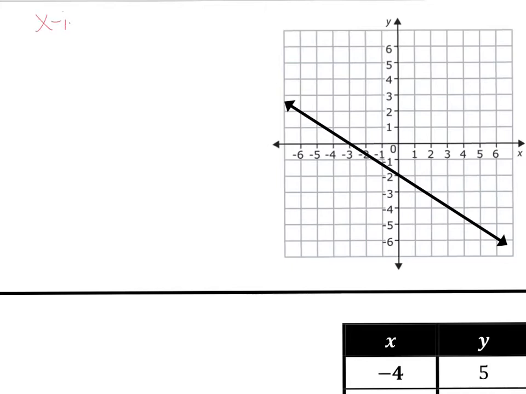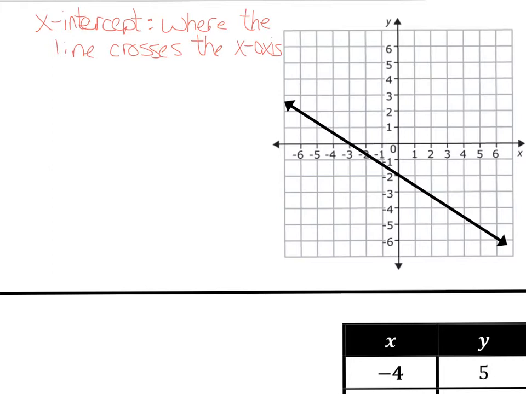But an x-intercept is where the line crosses the x-axis, and a y-intercept is where the line crosses the y-axis.